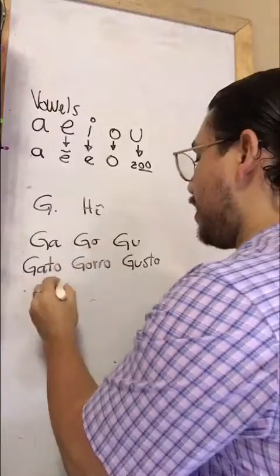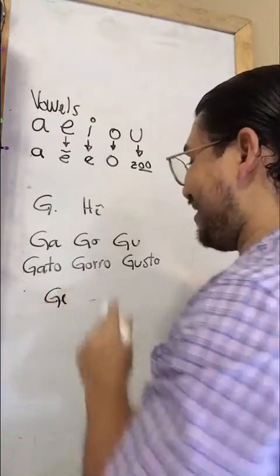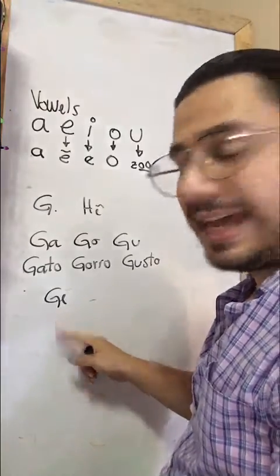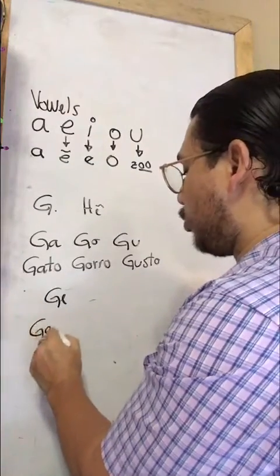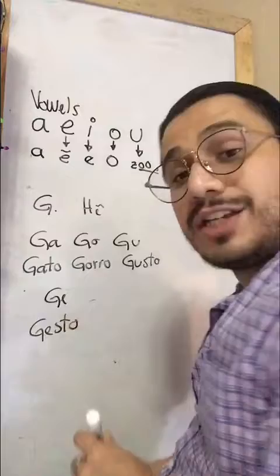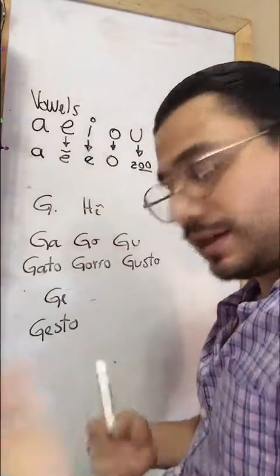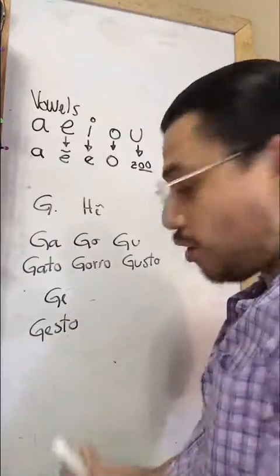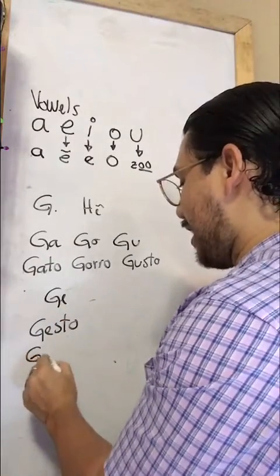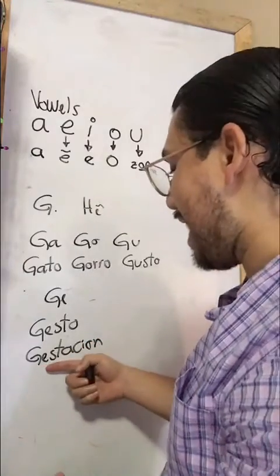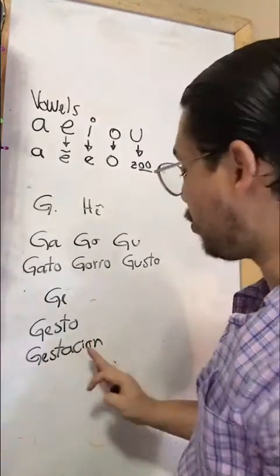If we say a word with this one, sometimes it's going to sound like a different G. For example, gesto, a gesture or an action of giving someone something, or gestación. When the baby is in the belly, it's in gestación, and I'm pretty sure this one has an accent.